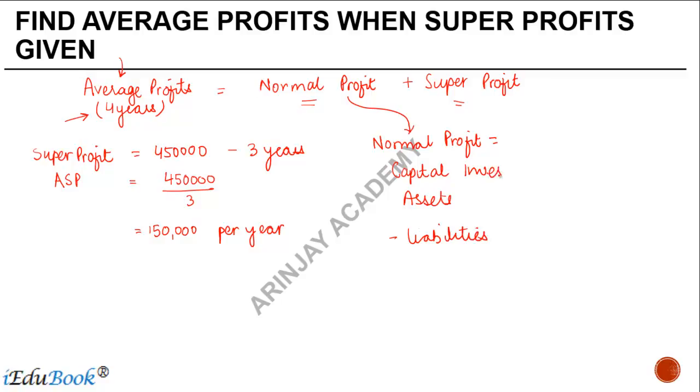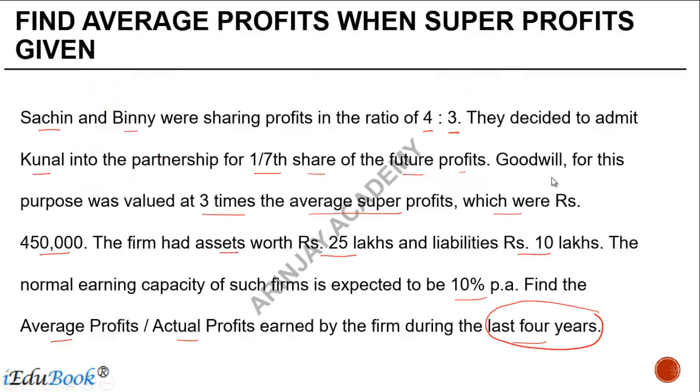You're not given the exact number, unlike the last question that we did. So we need to find out the capital invested by reducing the liabilities from the assets. The assets are 25 lakh and the liabilities are 10 lakh.